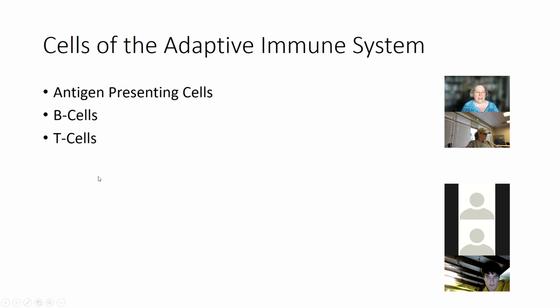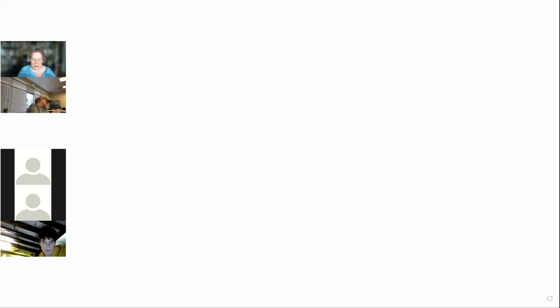And we're going to be talking about B cells and T cells. So let us go to the whiteboard. All right. So first off, let's talk about antigen presenting cells and what they are.